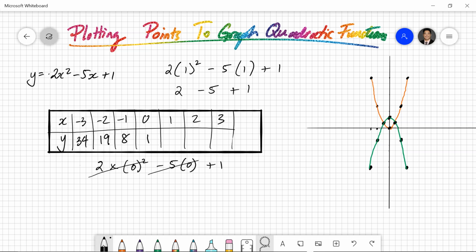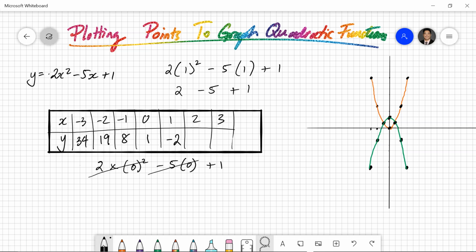Okay, so 2 minus 5 is minus 3. Minus 3 plus 1 is minus 2. Okay, so this is where it becomes a little bit trickier. But again, substitution, don't just assume that the right-hand value is going to be exactly the same as the left. And when we plot these things, you'll see how it all eventuates.